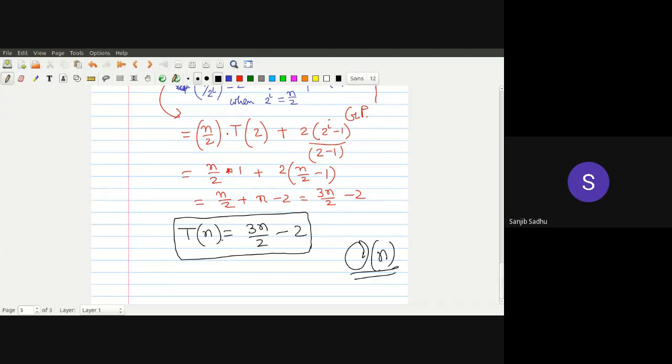But in this case, you check this constant part. Due to this constant part, this is smaller than the previous case. Previously it was 2, so this will be faster than the previous one. Clear? So sometimes the constant part is also a factor.